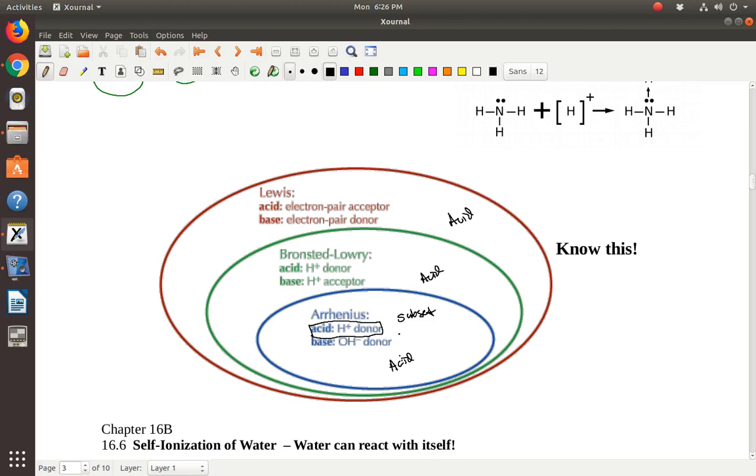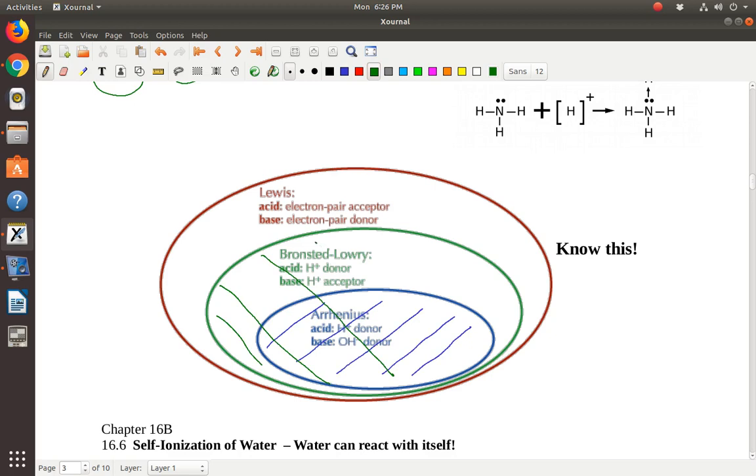Let me erase this for a moment with a bigger eraser. It sometimes is good when you're doing this to color. So, okay, these are blue. If it's contained inside the blue only, it's also contained inside the green.